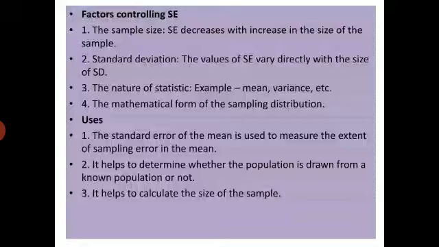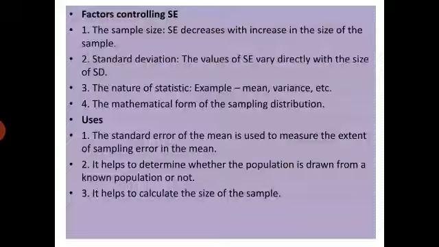Which are the factors which control the standard error? The sample size: SE decreases with an increase in the size of the sample. Standard deviation: the value of standard error varies directly with the size of the standard deviation. The nature of the statistic, for example mean, variance, etc., can affect the standard error.